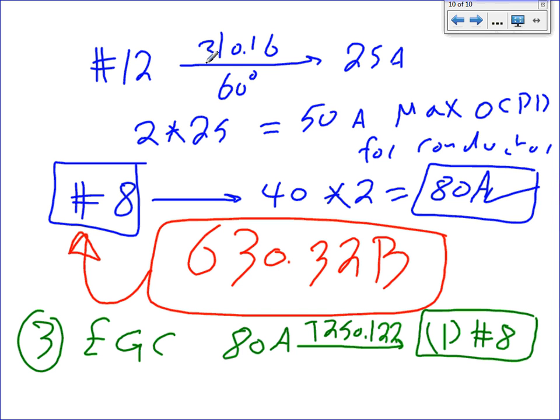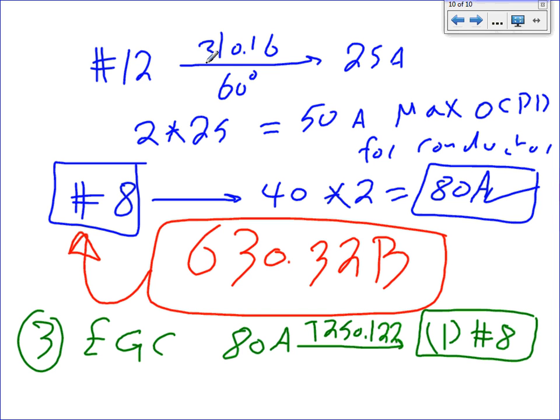Just to summarize, we sized a feeder for arc welders and resistance welders. We sized a branch circuit for arc welders and resistance welders. I wanted to jump into the transformer, but that will confuse you guys today.